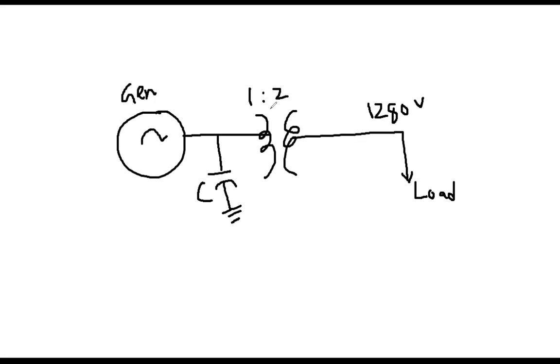I think this information is enough. And then the generator has a power factor value. So the question is to find the generator active power, P value. That was the question. And the capacitor was 220 microfarad, right? So everybody, this is the picture, and I think this information is enough for you.